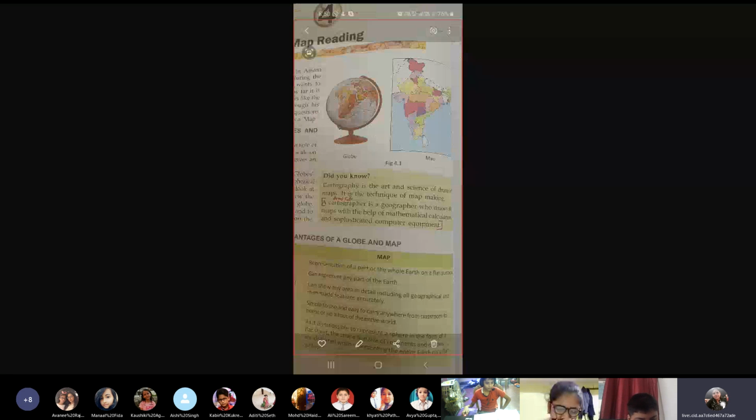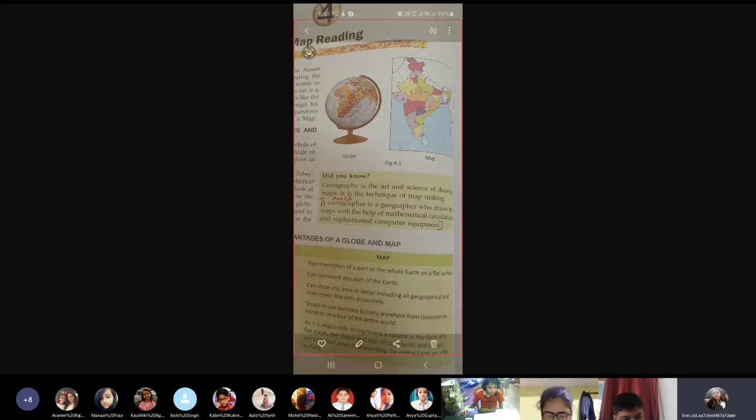It is the technique of map making. A cartographer is a geographer who draws the maps with the help of mathematical calculations and sophisticated computer equipment. So now, basically, in this small little paragraph, we come to know about two terms called cartography and cartographer. Cartography is the art of drawing the maps accurately with proper measurements.